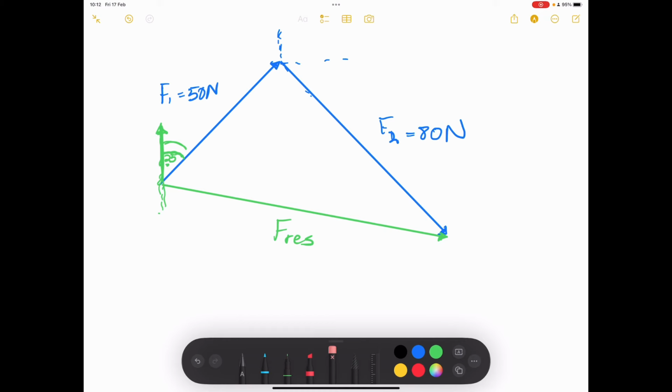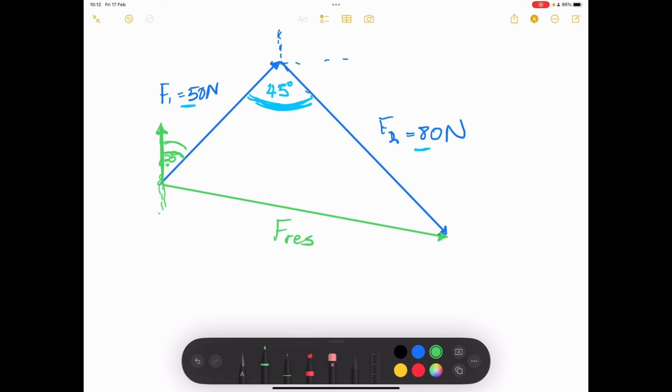So this angle inside here is 20 plus 25, and that would be 45 degrees. I hope that makes sense, ladies and gents. You can find other ways of getting that angle there. Now notice what we have. We have two sides and an included angle, the angle in between them.